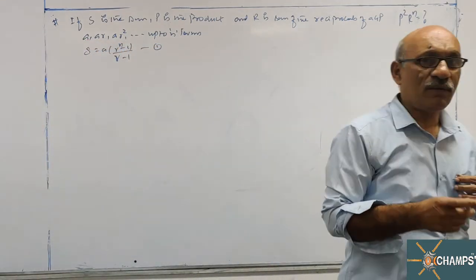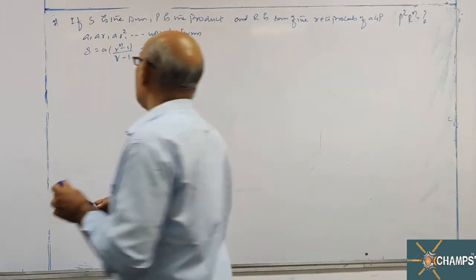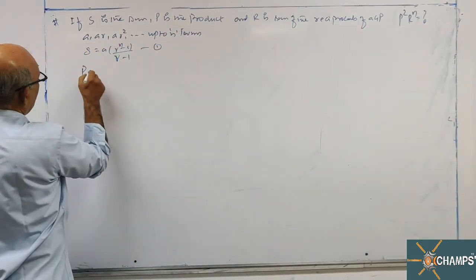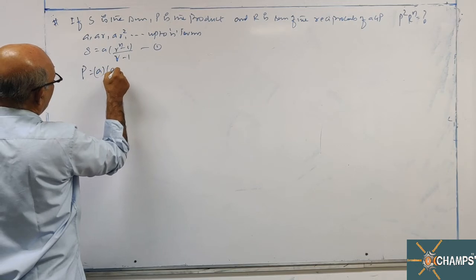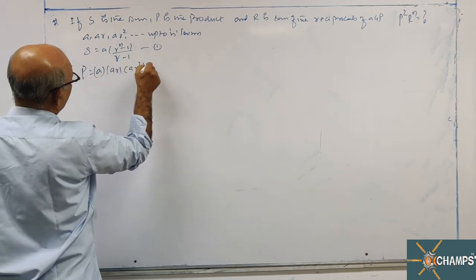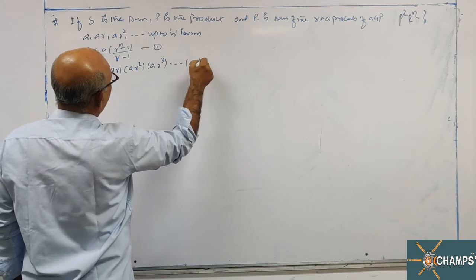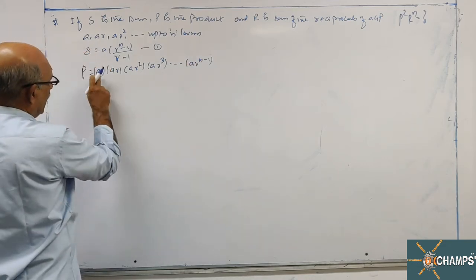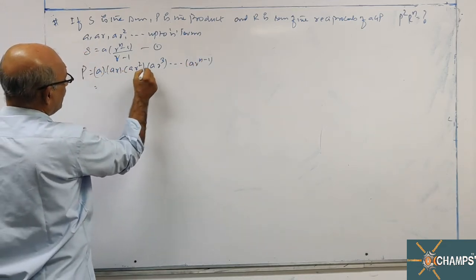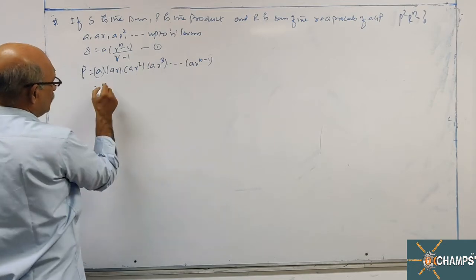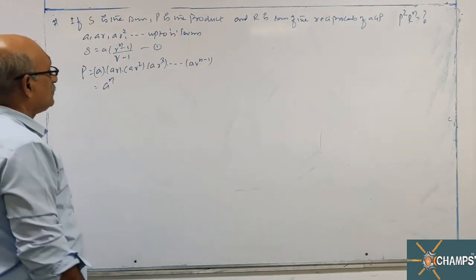S is equal to sum. P is the product. P is equal to A, AR, AR square, AR cube etc. A into R power n minus 1. Here A, how many times you are multiplying, sir? N times you are multiplying, A power n.